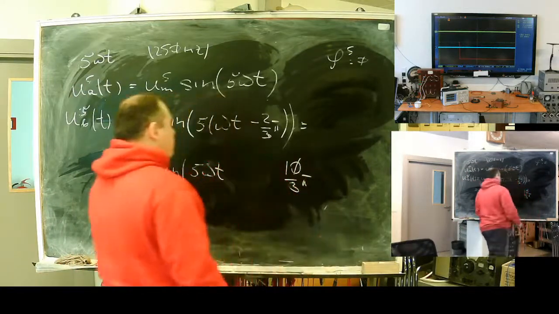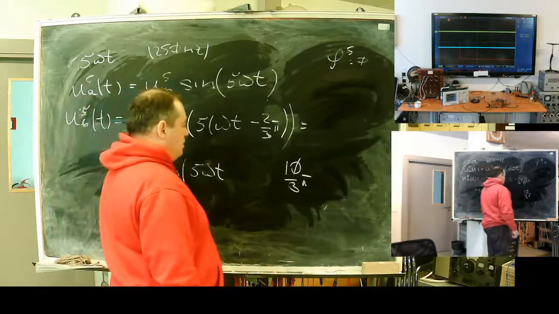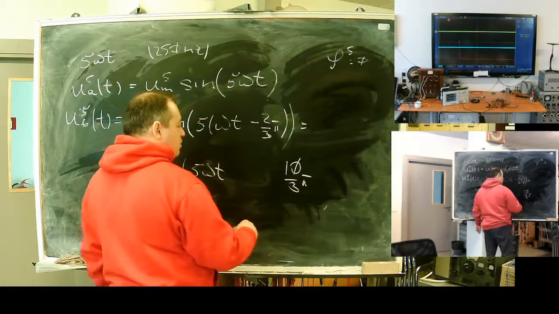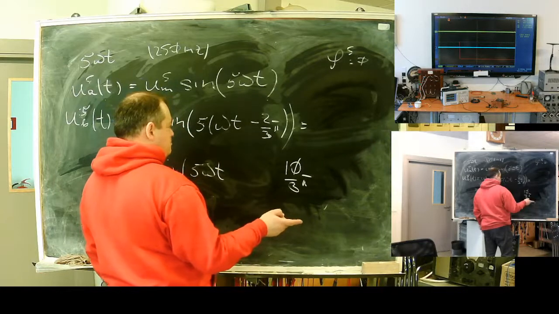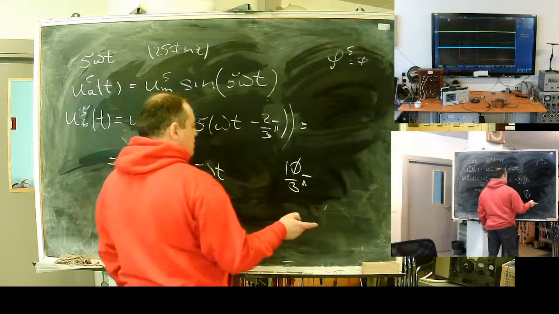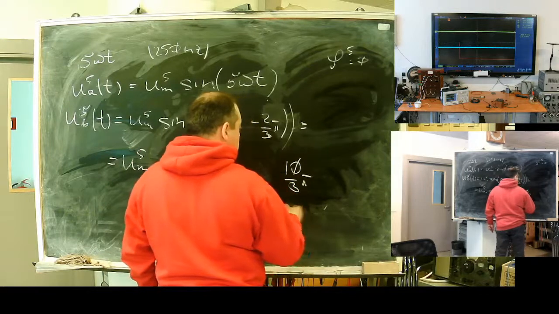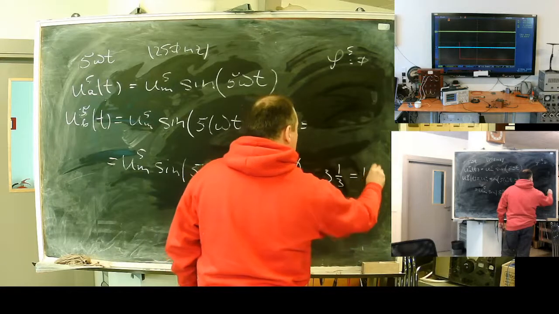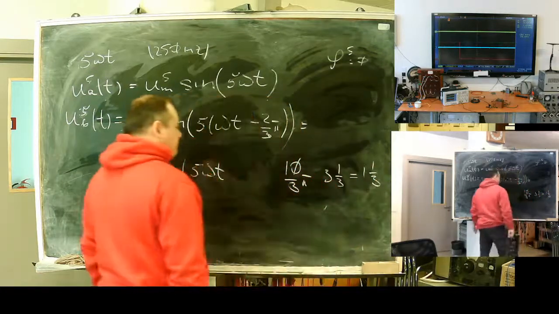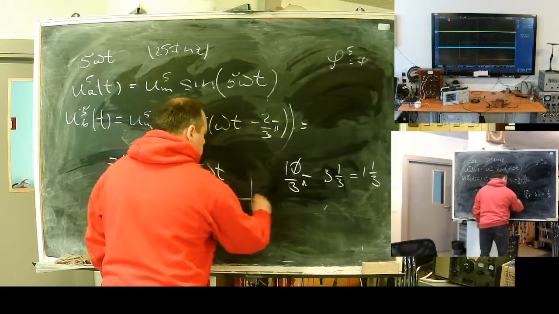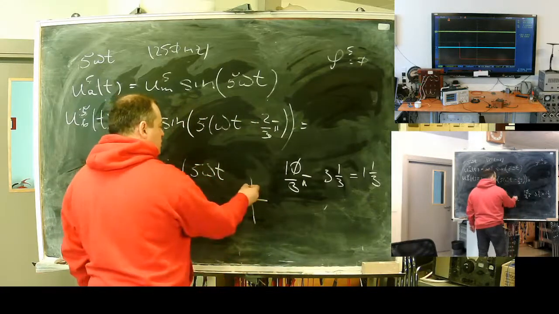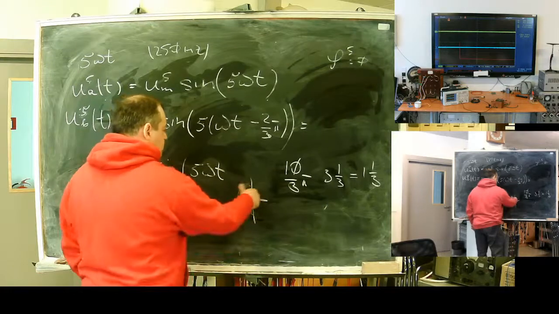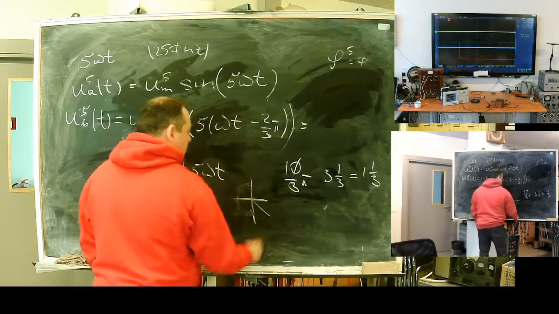And what will we have here? 10/3 of pi. What will it give us? We can omit 2 pi already. And what will we have? 10/3, it's 3 1/3, or the same 1 1/3 of pi. Full rotation, 1. Wait a second. We were here.